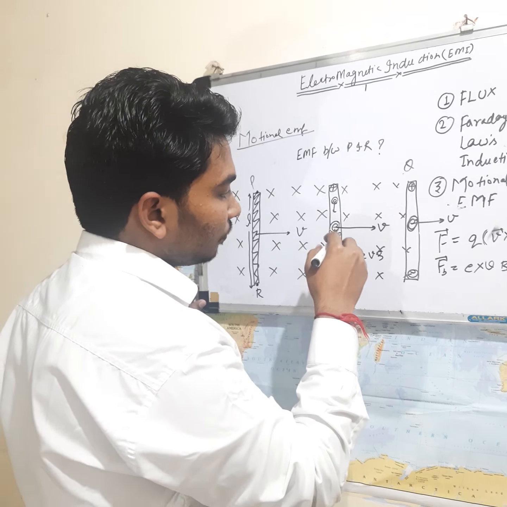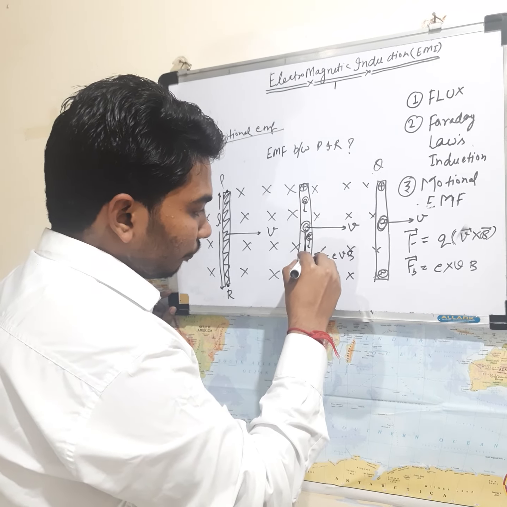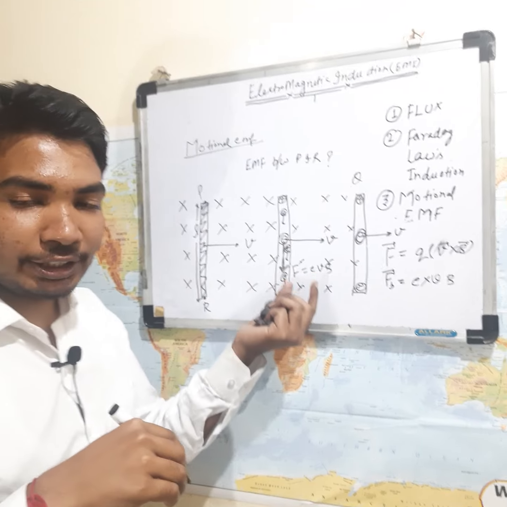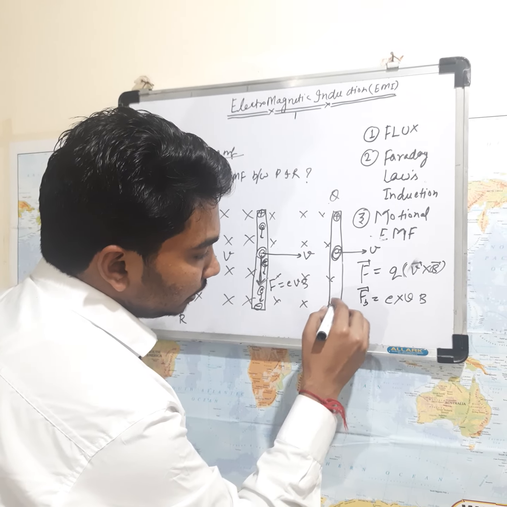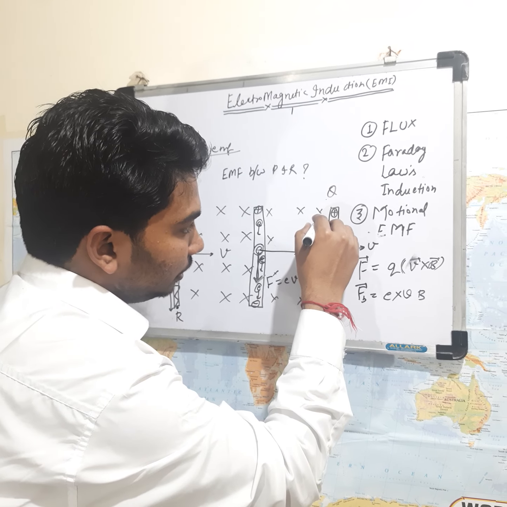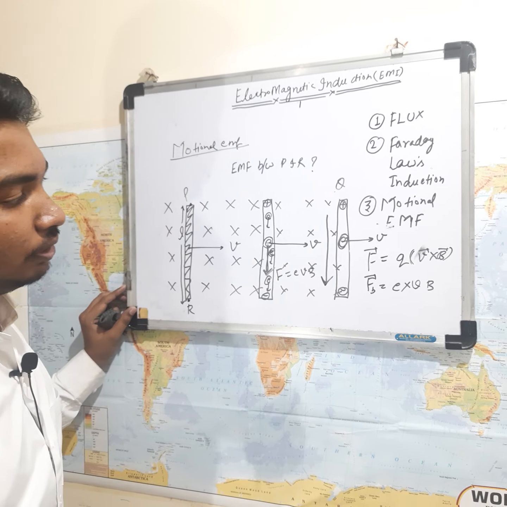One is the force due to the magnetic field because of the motion, and the other is the force because of the electric field inside the rod in this direction.